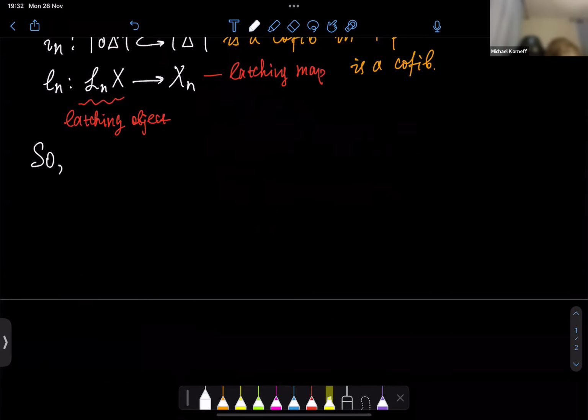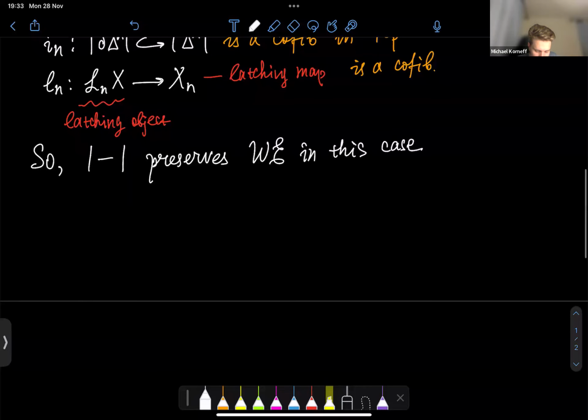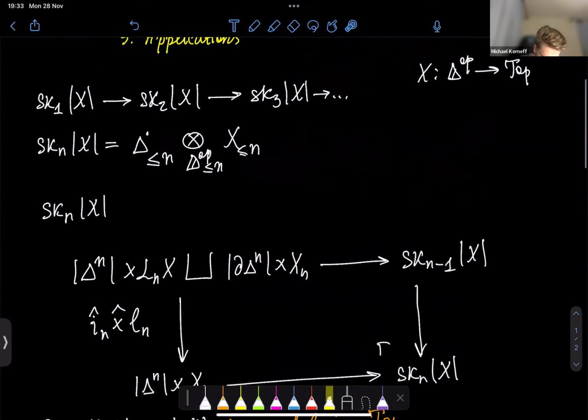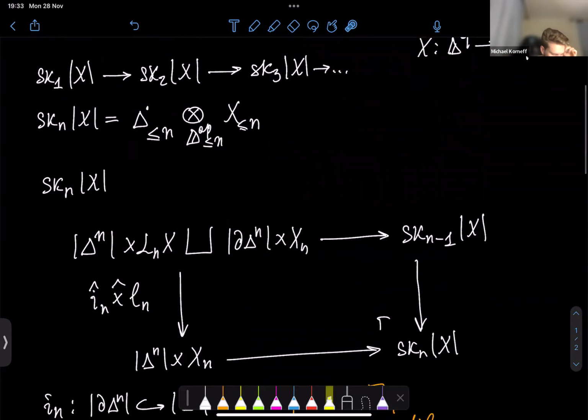So this functor preserves weak equivalences in this case, as this diagram is cofibrant and by, for example, Gambino's theorem or the other, we will obtain the result.